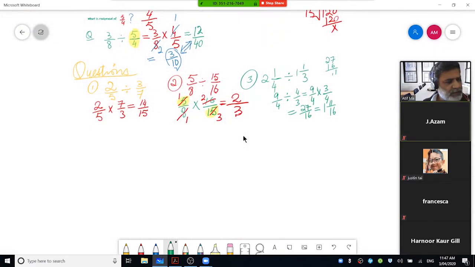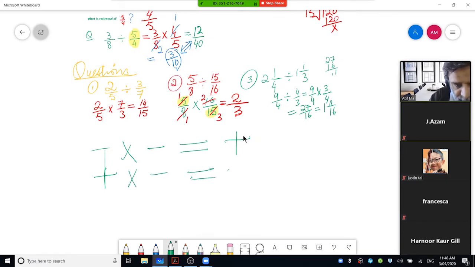Let me give a little difficult question. Before that, we know that with negative numbers, if you multiply a negative with a negative number, it becomes positive. Hopefully you know that. If you multiply a plus with a negative number, it becomes negative.